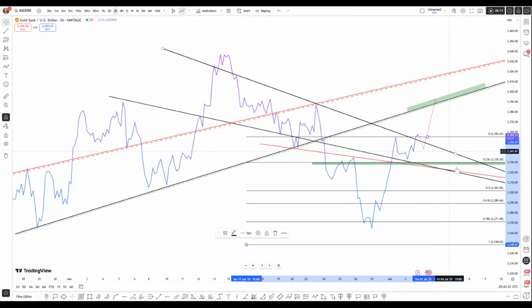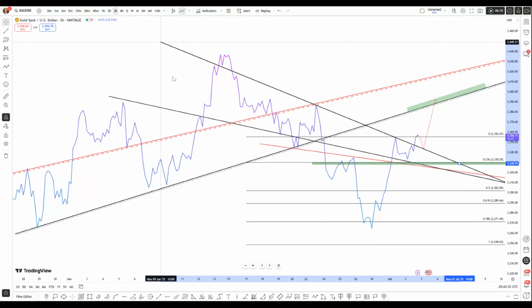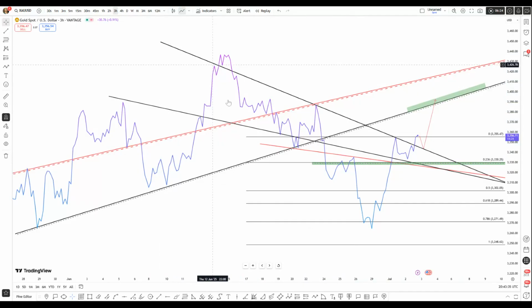Well, let's see. You see, it is already a break of structure. It's a break of structure here. So we might come back here.